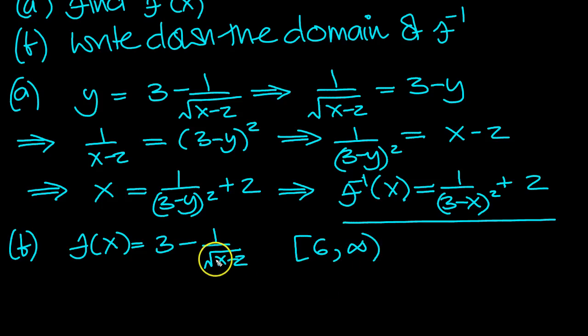Right, so 3 minus 1 over, that's 6. If you put 6 in here, if we were drawing a graph of it, here's 6. And as x tends to infinity, 1 over infinity will be really, really small, so it will tend to 3. So it will go up to 3, won't it? And it will just tend toward 3 as x gets larger and larger and larger.